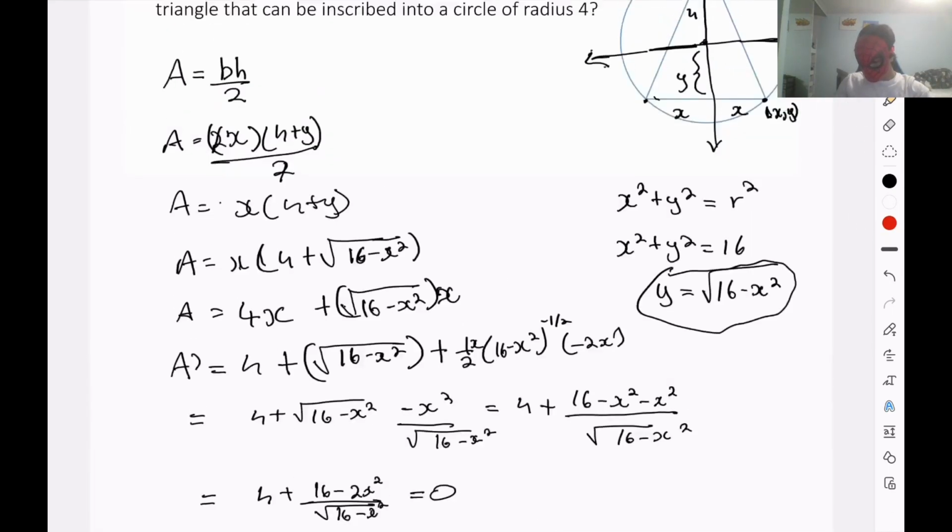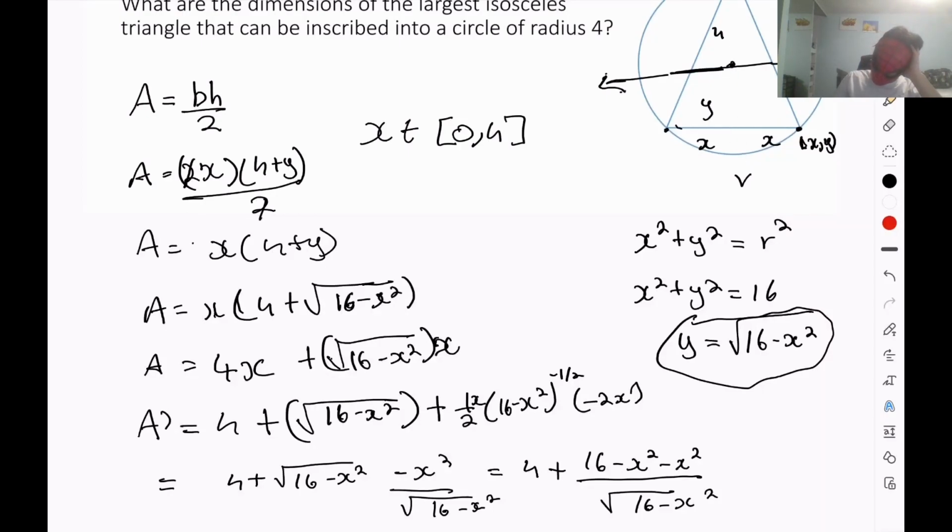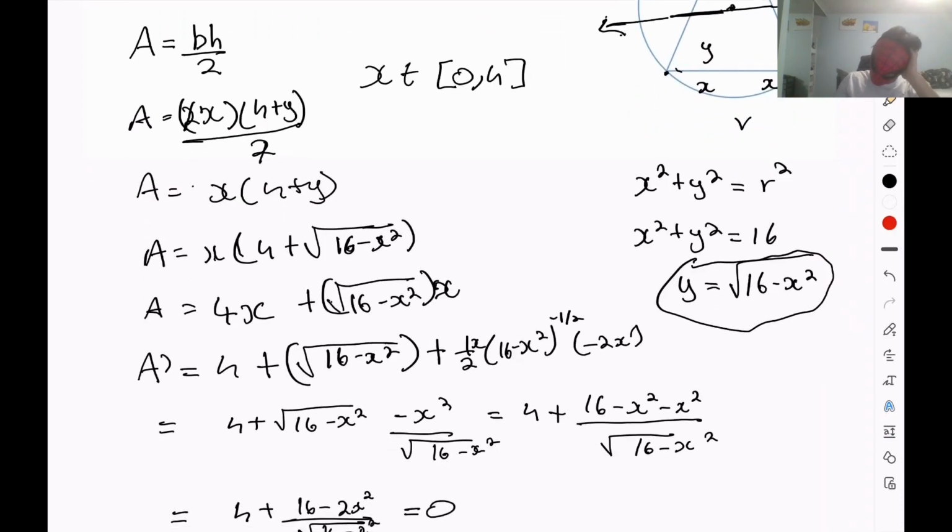And also a restriction we can make to x, which I forgot to make before, is that x belongs to the interval from 0 to 4. The x can equal 0, where it is touching the axis, or x at greatest can equal 4, because y can at lowest equal 0.